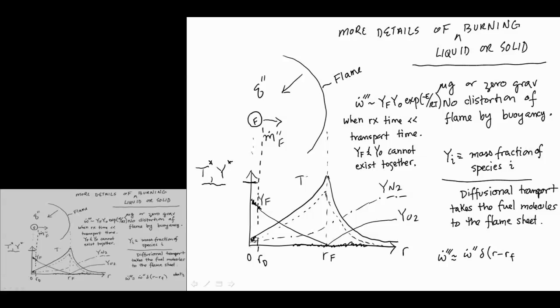Okay, so products are produced, they diffuse to places where they did not natively exist, so far away from the droplet and towards the droplet.